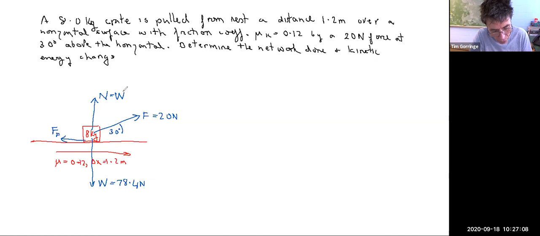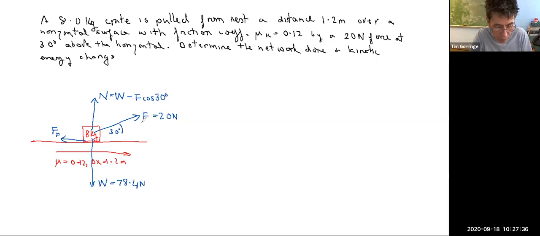And that pull has a horizontal component that's moving the crate and a vertical component that's helping support the crate. So the normal force doesn't need to be the weight. The normal force is actually less than the weight, less than the weight by the amount that the force F is helping to support the crate.